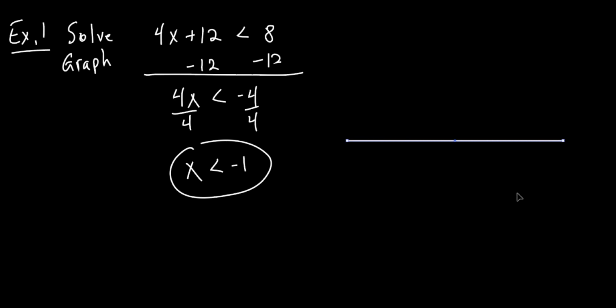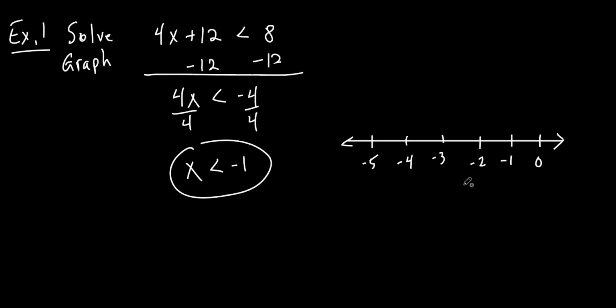So let's graph it. It's going to be less than -1, so I'm going to put a -1 here, put a 0 there. You don't have to do it exactly like this, but this is the way I like to do it. You put enough numbers in here, but not too many, right? You don't want to put 20 numbers in there.